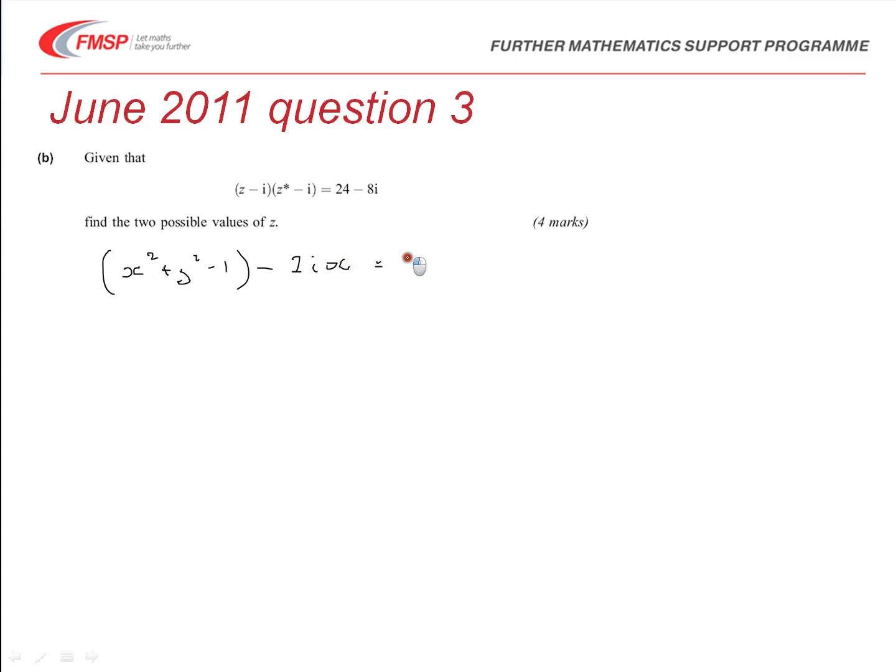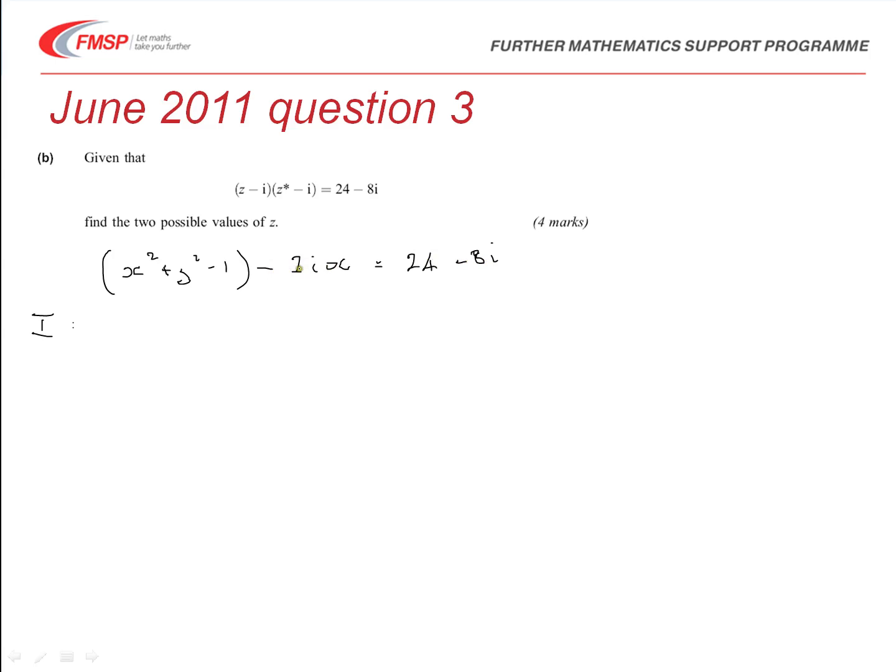And that must equal 24 minus 8i. So the technique here is to then compare the real part with each other and the imaginary part with each other. If we look at the imaginary part first, we've got minus 2x equals minus 8.